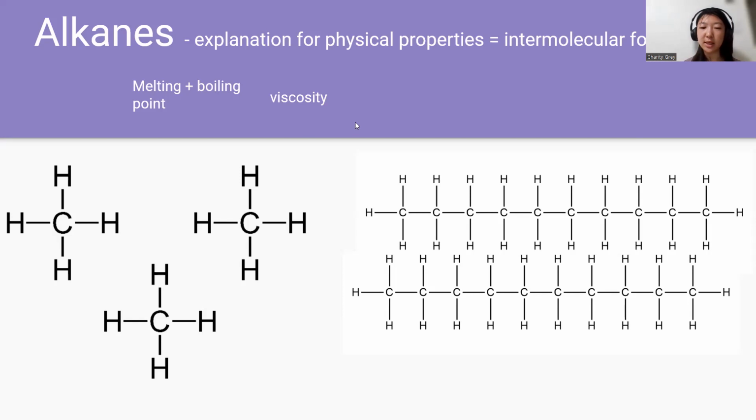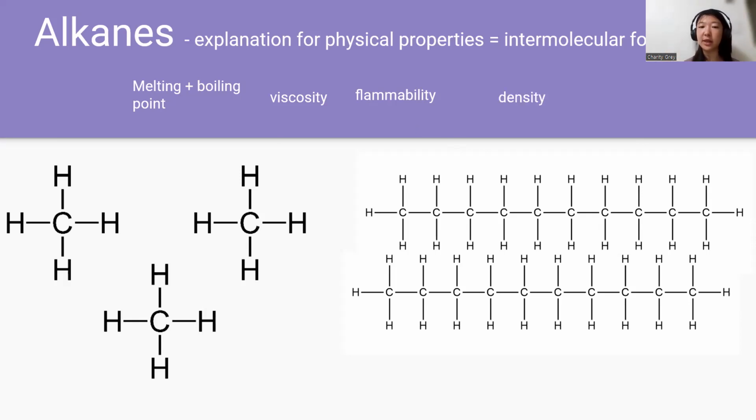Viscosity is a new word that you might not have heard. What it really means is how fast things move. For example, if you look at water, water moves really quickly, right? You can swish the bucket of water around and it'll move very quickly. But if you have oil, oil moves a lot slower. If you shake the bucket of oil, it doesn't splash as much as water does, whereas water will splash. Then you have flammability. So when it burns into fire, how easy is it to burn?